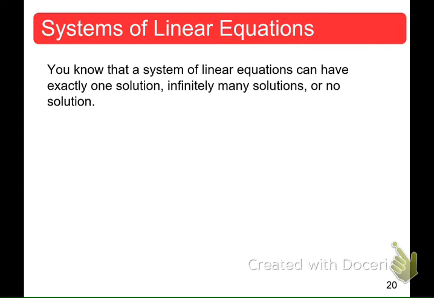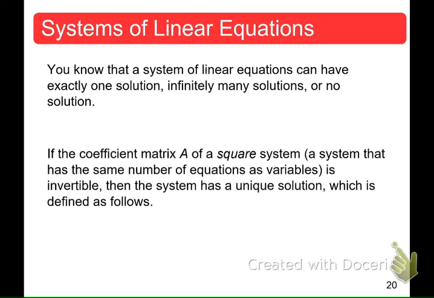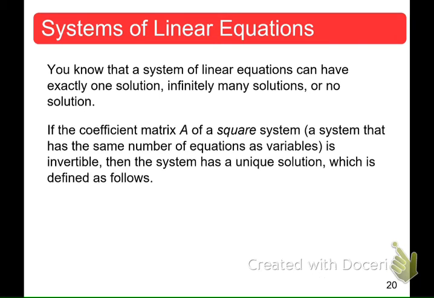Let's recall that if we have a linear system of equations, it's going to have either exactly one solution, infinitely many solutions, or no solution. And if the coefficient matrix, the coefficients of the variables, is a square system, meaning we have the same number of equations as variables or unknowns, and it is invertible, then the system has a unique solution, meaning it only has one solution.